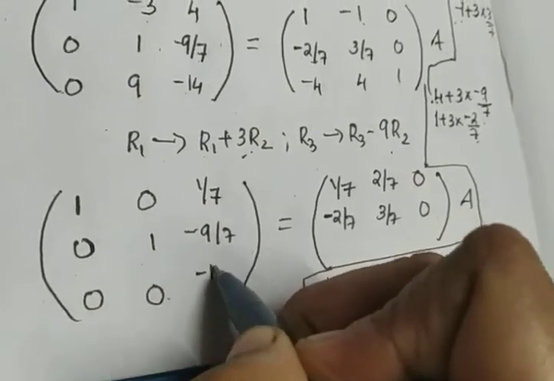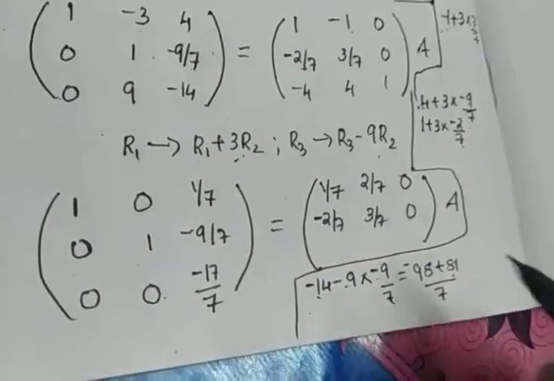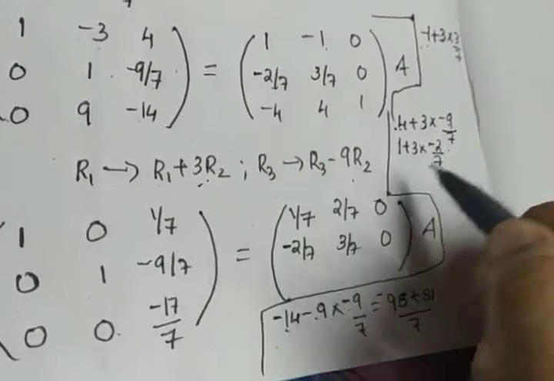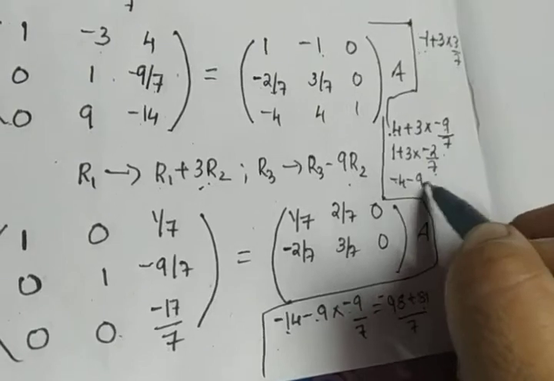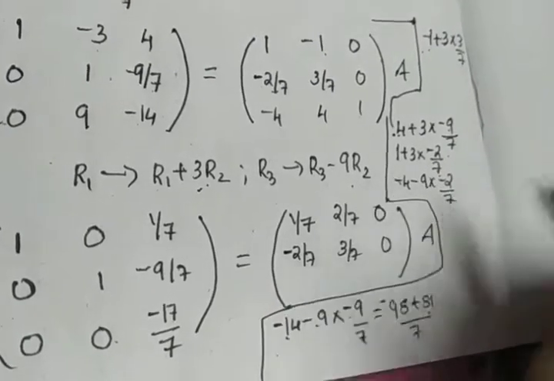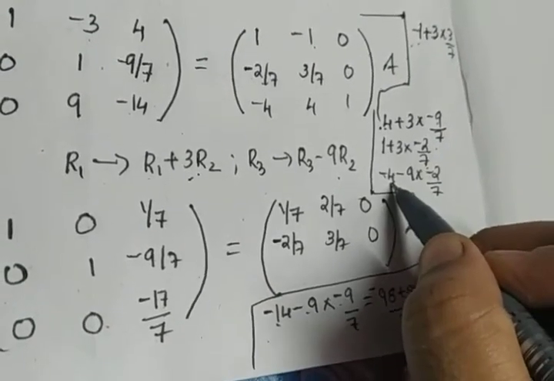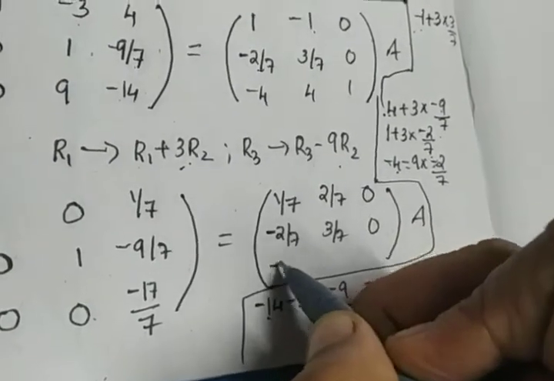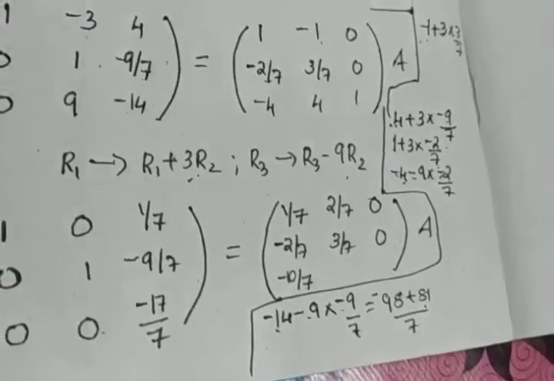So this is -17 by 7. And on the right side also we have to change each element, isn't it? So -4 minus 9 into -2 by 7. So 7 4's are 28, that is -28 plus 18. -28 plus 18 gives you -10 by 7.